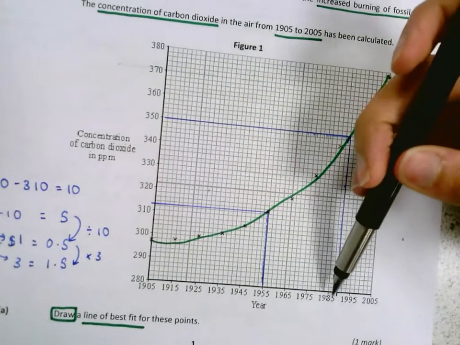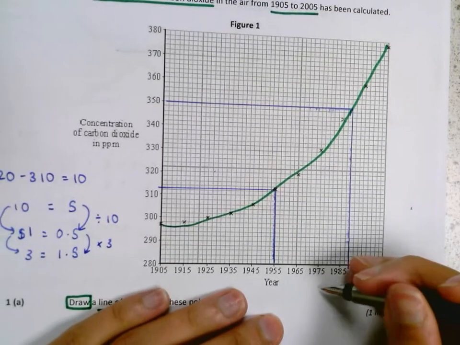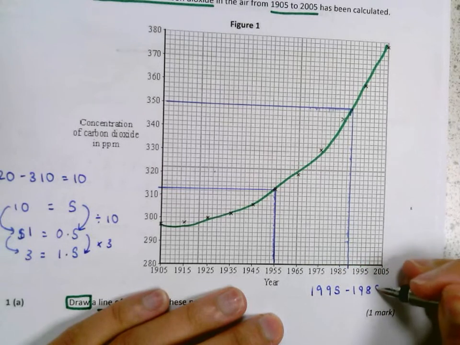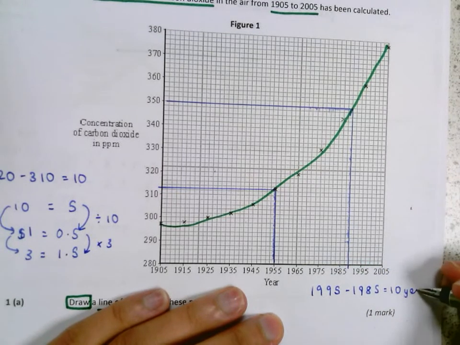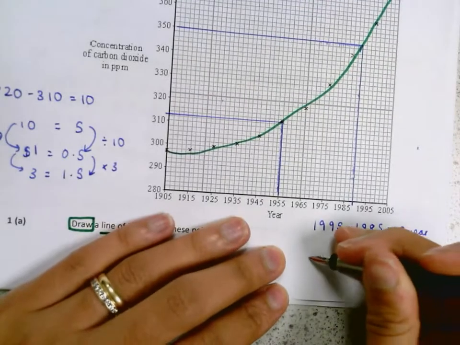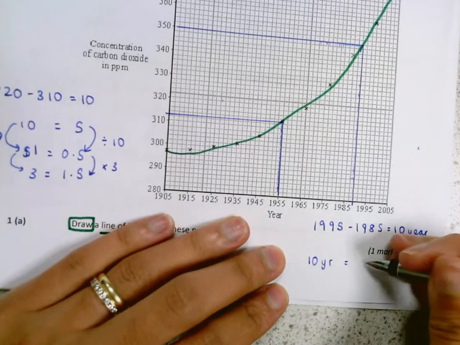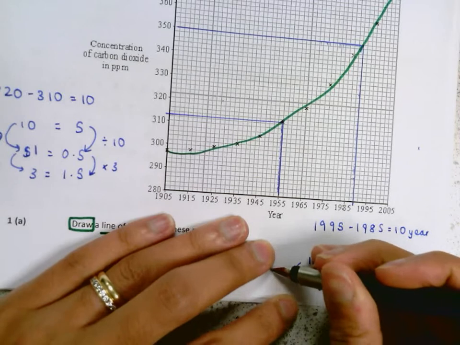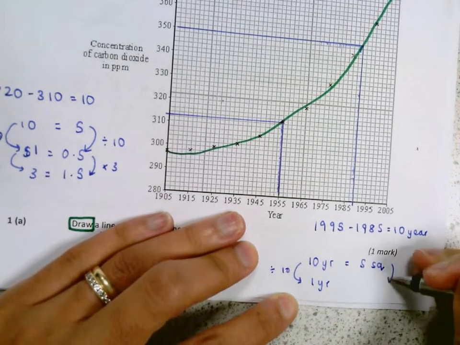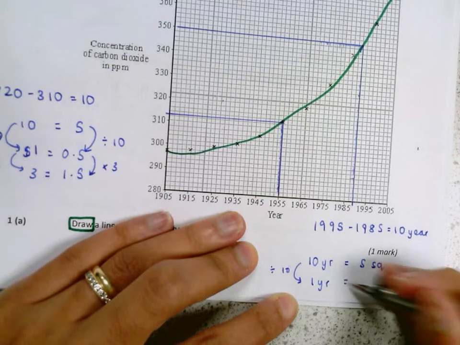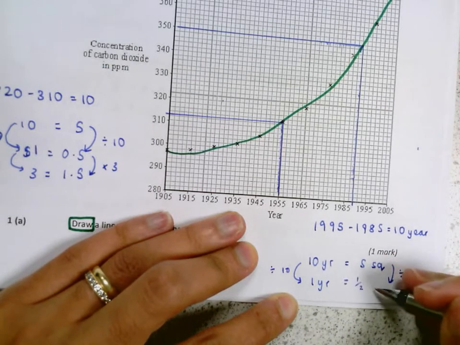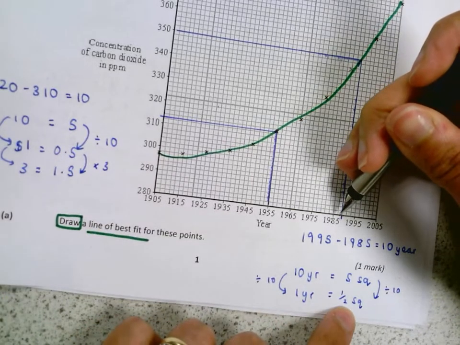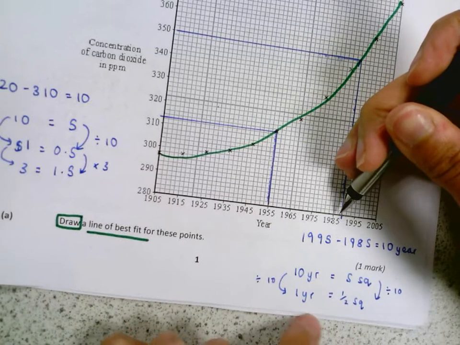Between 1985 and 1995, so just 10 years, it's shown by 5 squares, so 10 years is equal to 5 squares. 1 year, again we're doing the same thing, divided by 10, is equal to half a square. Now we're 2 squares along, so half a square is equal to 1 year, so 2 squares is equal to 4 years.